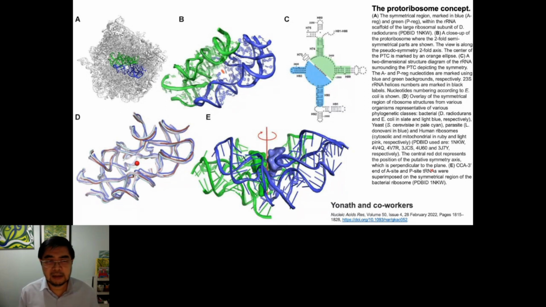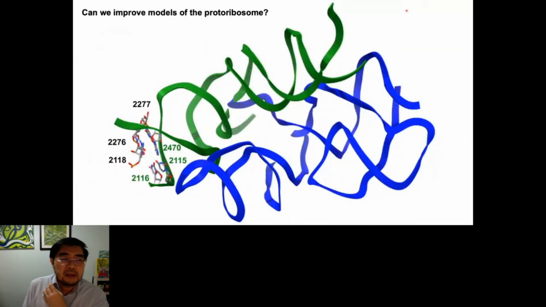In this figure, taken from the work of Ada Yonath and co-workers regarding the proto-ribosome concept, published almost to the day last year, we decided to take the proto-ribosome model that they proposed and see where this UAU stack fitted onto that model.